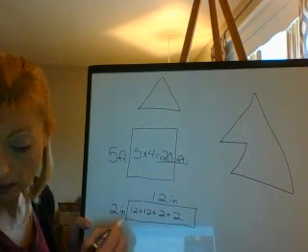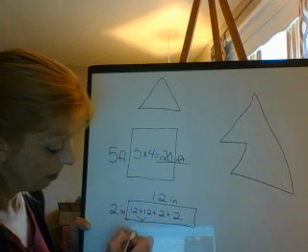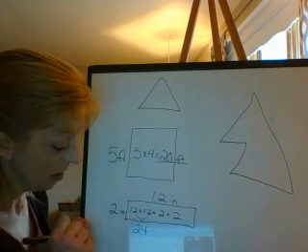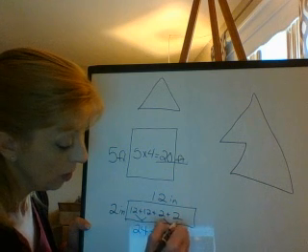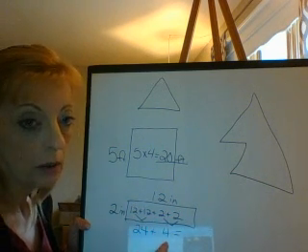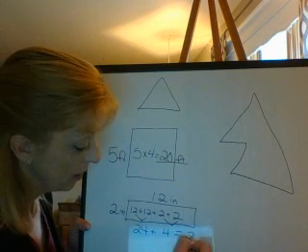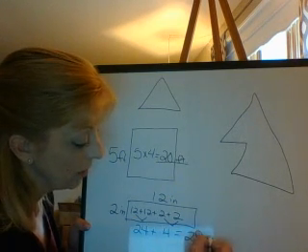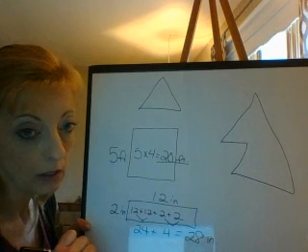So we could say 2 12s, which would be 24, plus 2 2s, which is 4 more. And 24 plus 4 is 28, and we have to include the unit for inches.